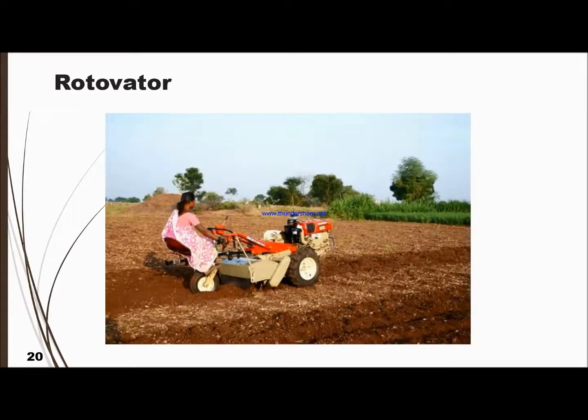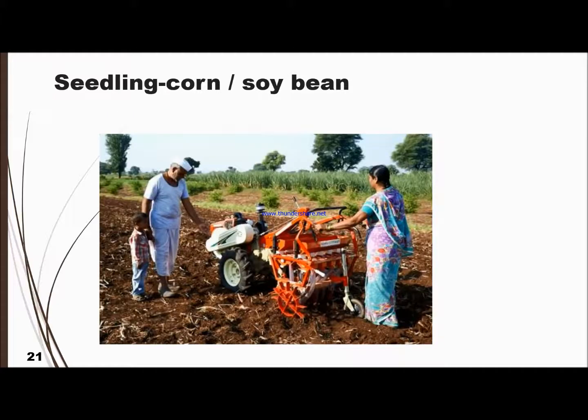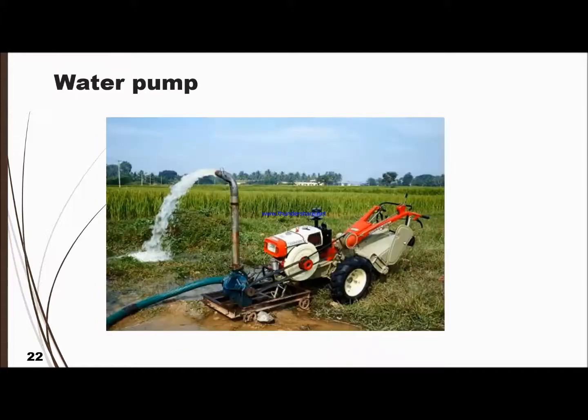Okay, so another example in India. Because of the simplicity of the operation, even women can operate this machine to do rotation of the field, and perhaps also seeding for the corn or soybean. So this is quite a versatile machine. In this case, in terms of irrigation, we can utilize a mechanical pump to transfer the water for the irrigation.